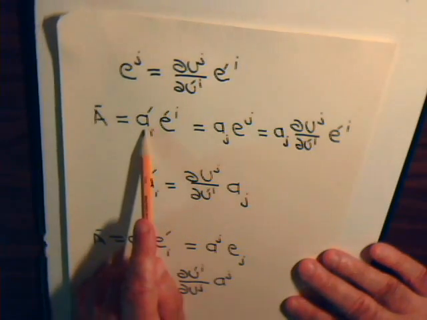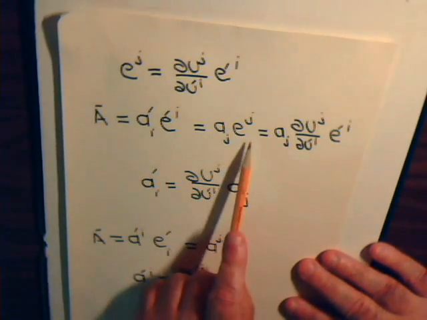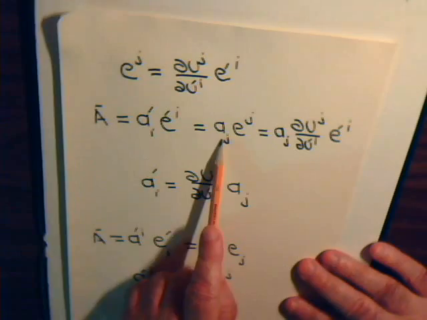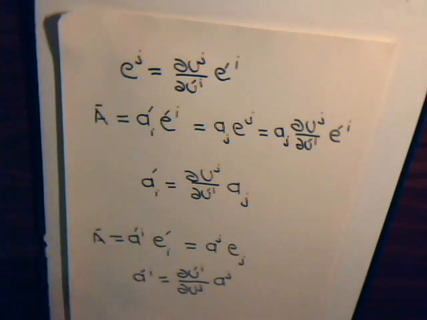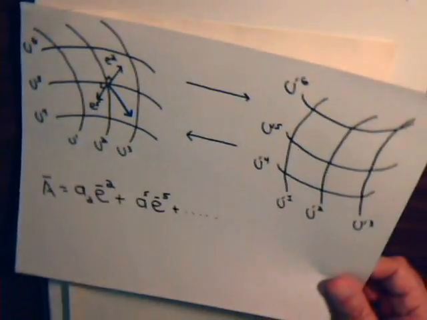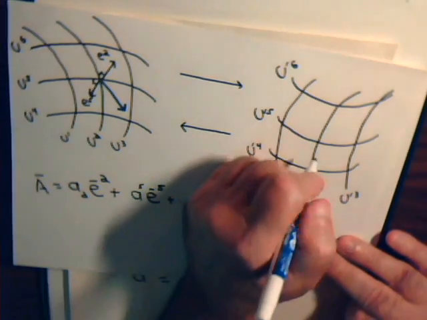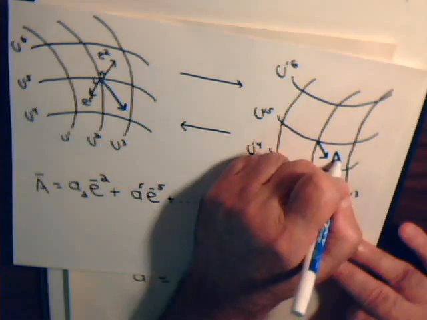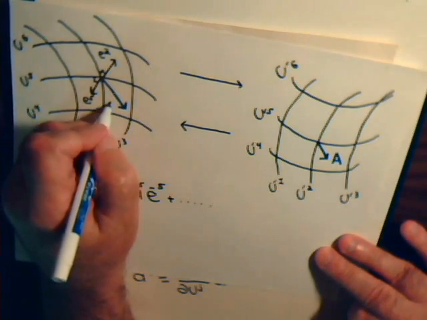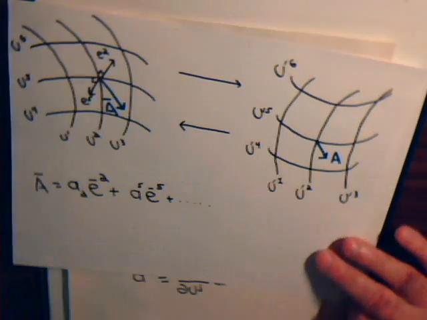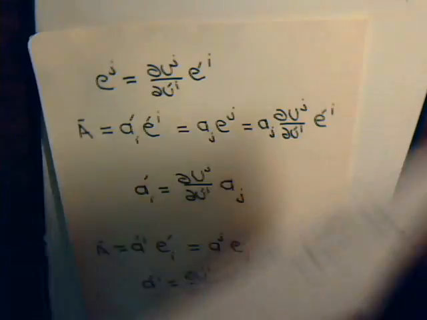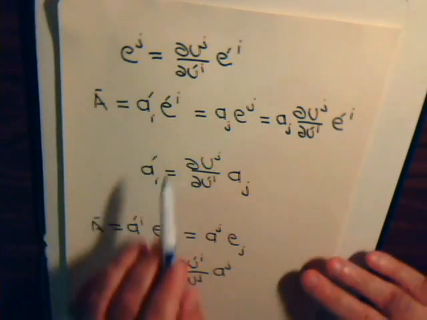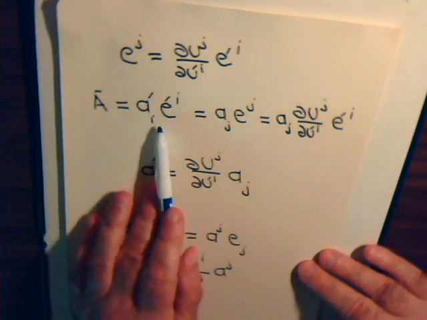Here we'd be writing A in the prime system, and here we're writing A in the unprimed system. And in each case, it's the same physical quantity. Here would be vector A in the prime system. Here it is in the unprimed system. In each case, it's the same physical quantity, so these have to equal each other.